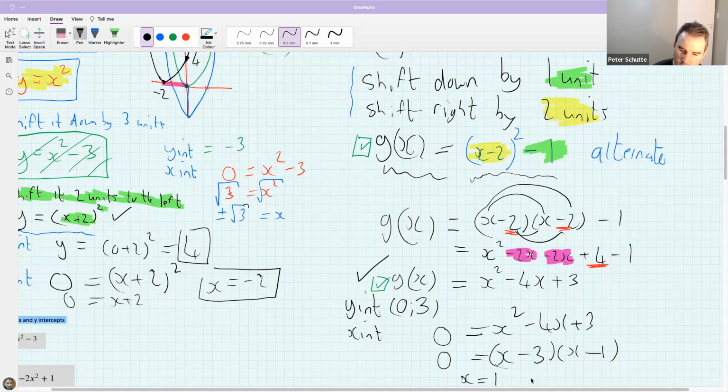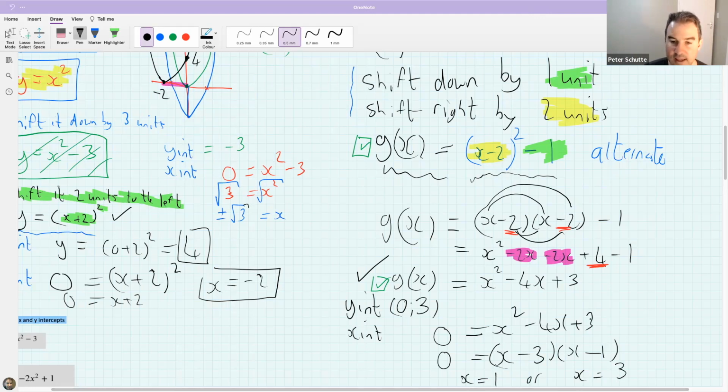So x is 1, or x is what? So x is 1 or x is 3.